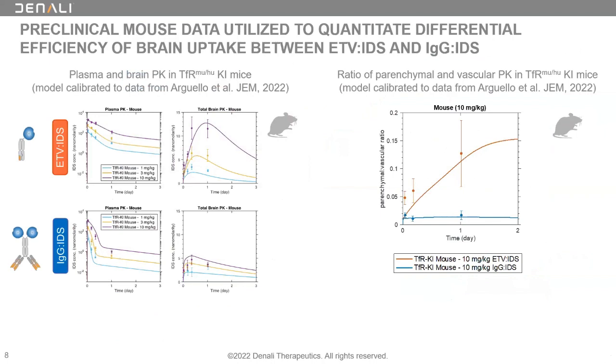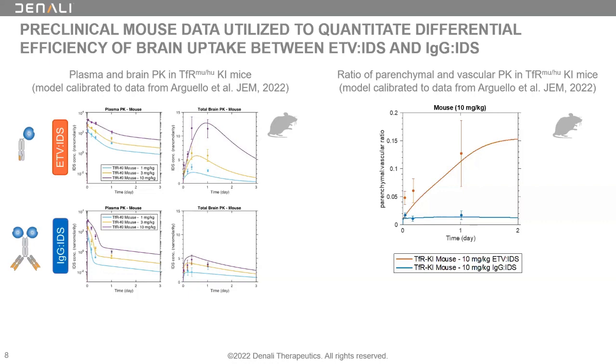Now, on the left panel, we are looking at plasma PK and brain PK for the ETV-IDS and the IgG-IDS molecule. And the model was able to capture these data across a range of doses fairly accurately. And what we also had information on is the ratio of the distribution between the parenchymal volume and the vascular volume.